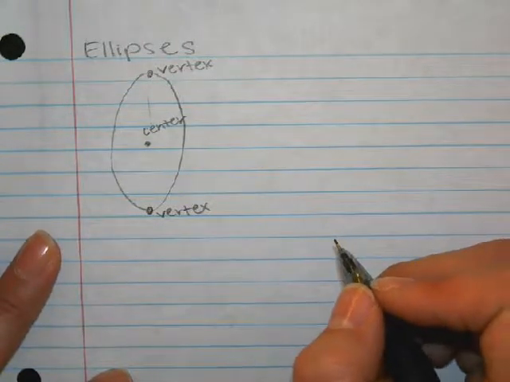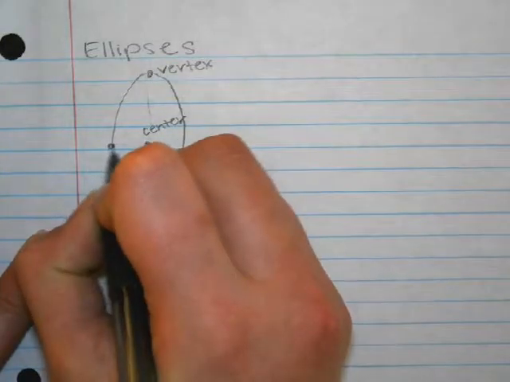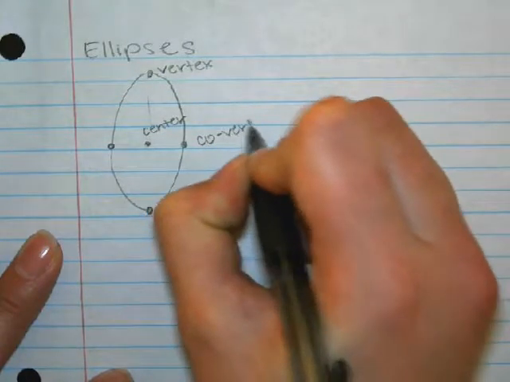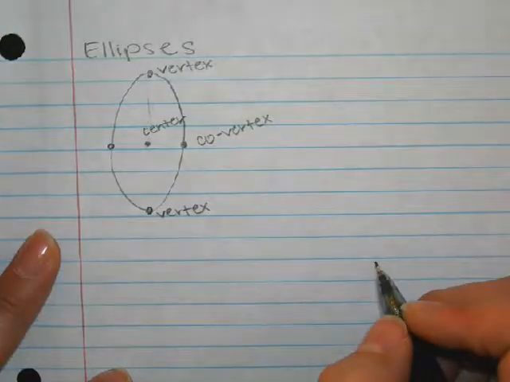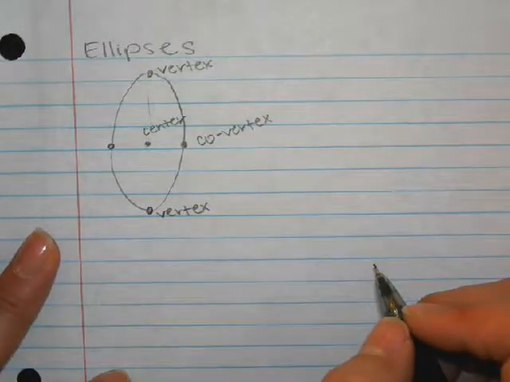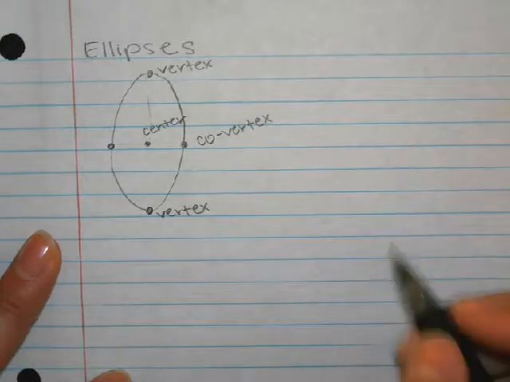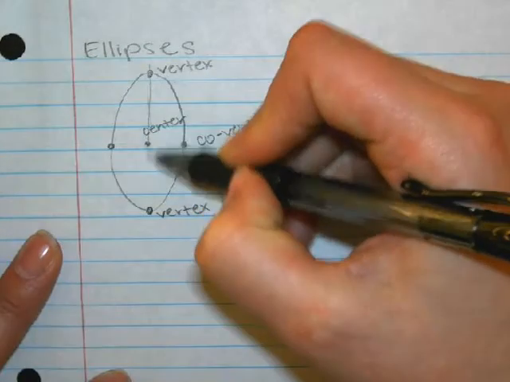The points that are straight out from the center but are shorter or closer to the center are called the co-vertices or a co-vertex. The line that cuts the ellipse in half and goes through the vertices is called the major axis.